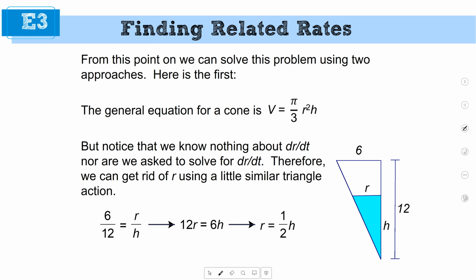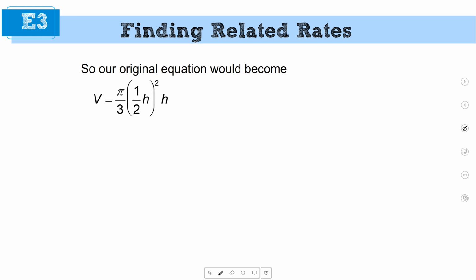And as Luke mentioned, we want to get rid of R, so I solve for R. Which means I can take that and put it into the other equation above it and get rid of the R's. Which would give me that.